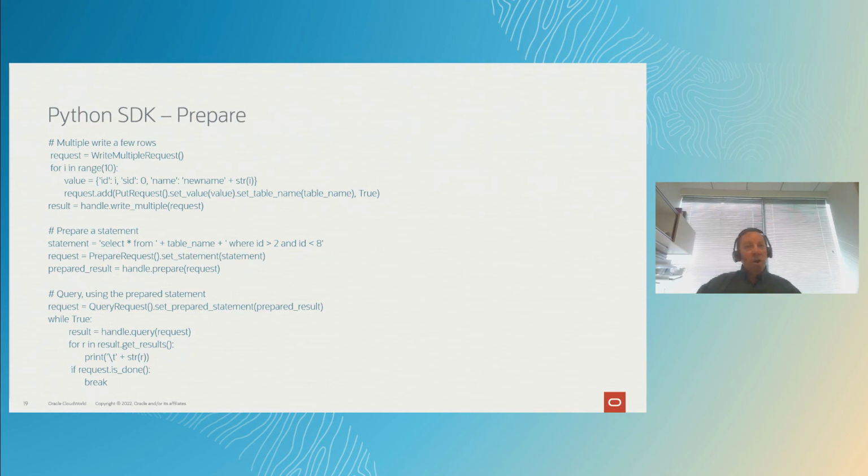If you have a bunch of rows that you want to insert, this is a very powerful way to do that. And then finally, we wrap up this slide by showing you a prepare statement, and then executing that prepare statement. So we set that up, we prepare it, we execute it, and then we fire off the query. So really similar to what we saw in the Node.js examples.